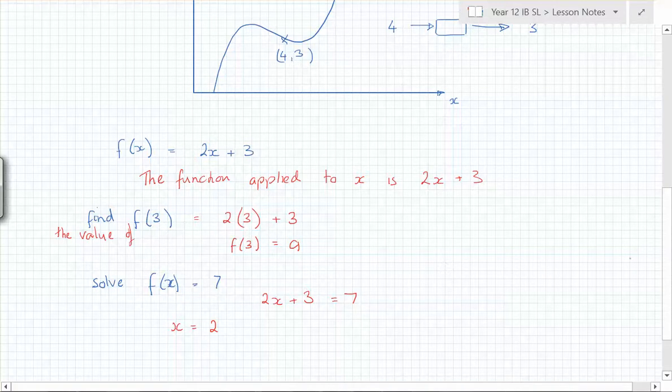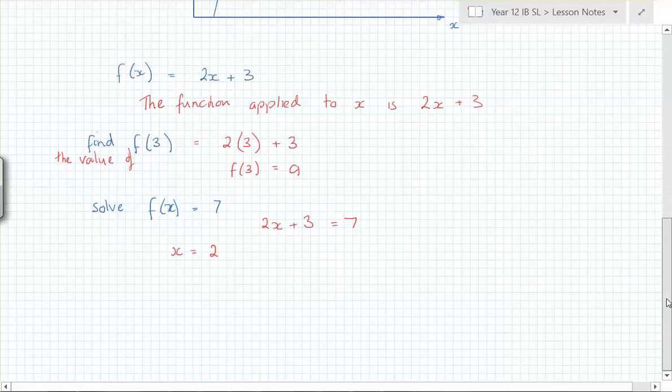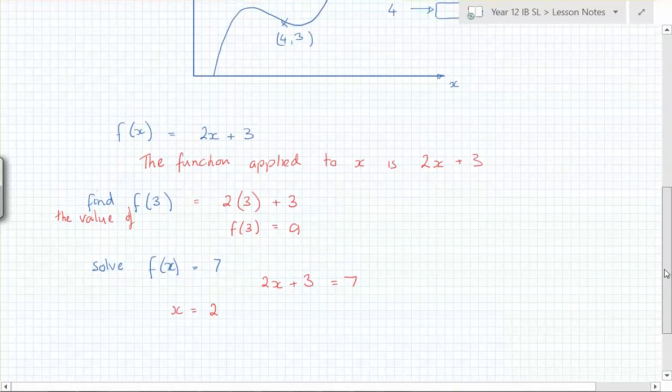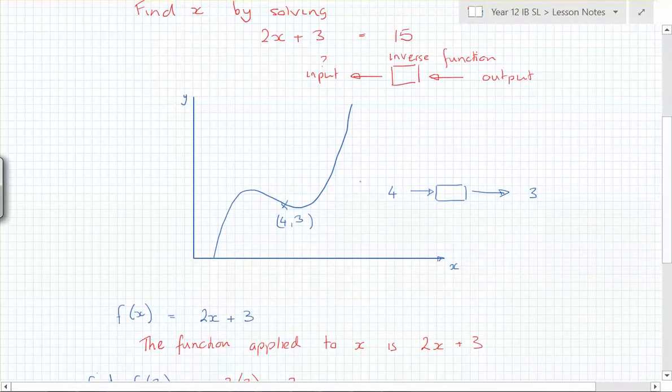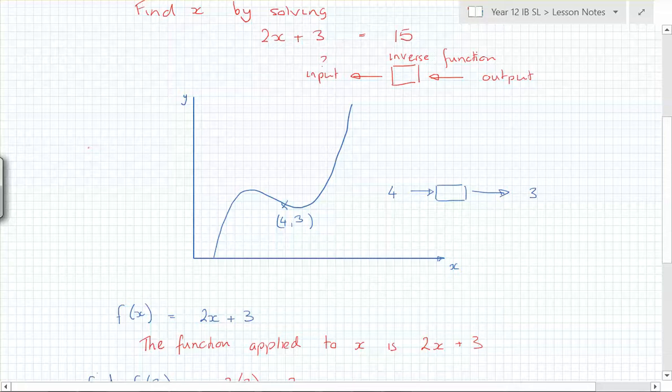Right. If I were to ask you up here, find f of 2, and I've given you a graph, what would you do there? Nikita, what would you do? You look on the x-axis for 2 and read up and then read across.